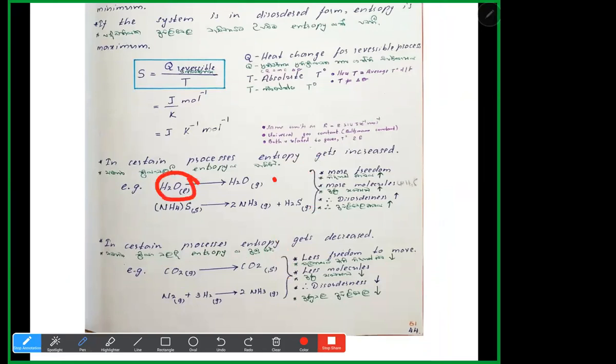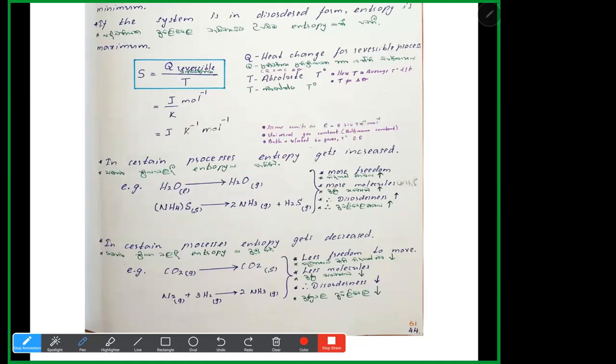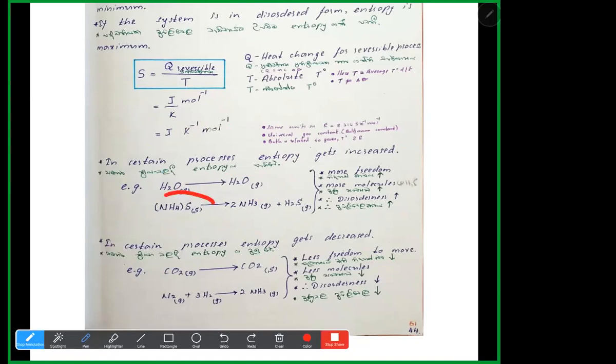Going from a less movable form, solid to liquid, liquid to gas, to a more movable form, that's entropy increasing. This has only physical change, but this has a chemical reaction, going from solid to gas or liquid to gas, solid to liquid, whatsoever. Going the other way around, entropy is decreasing.